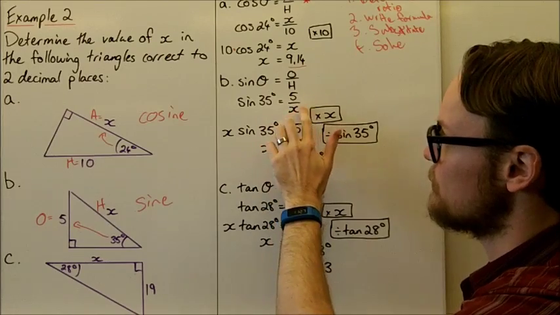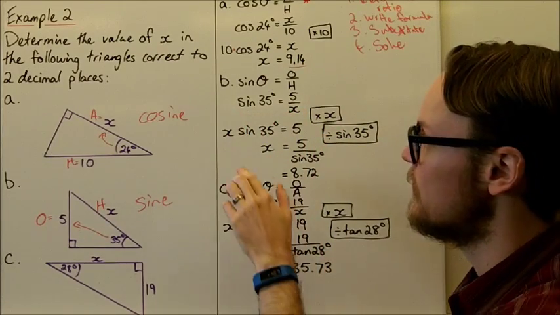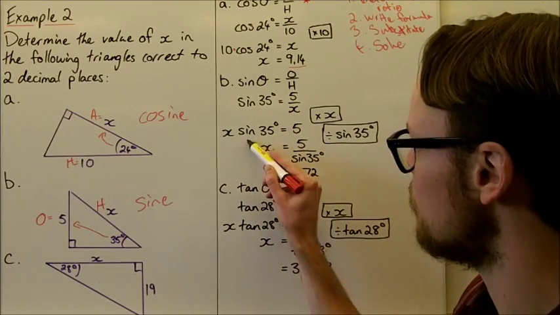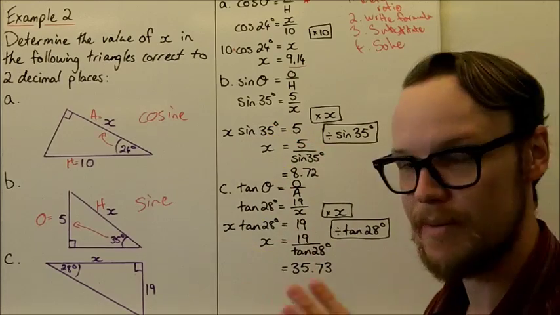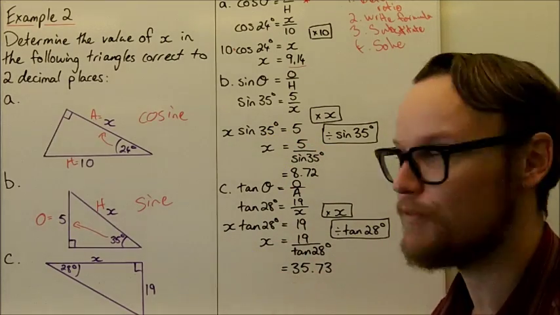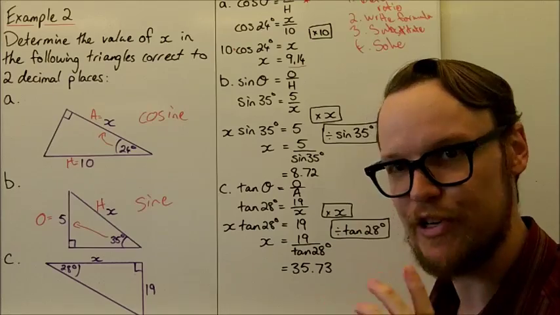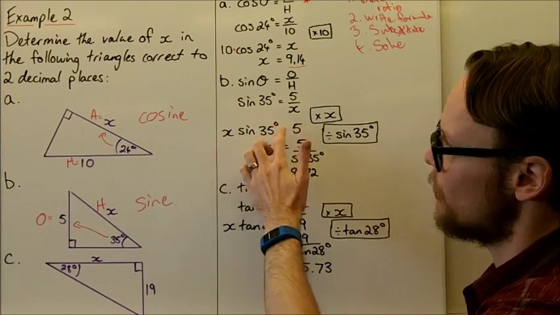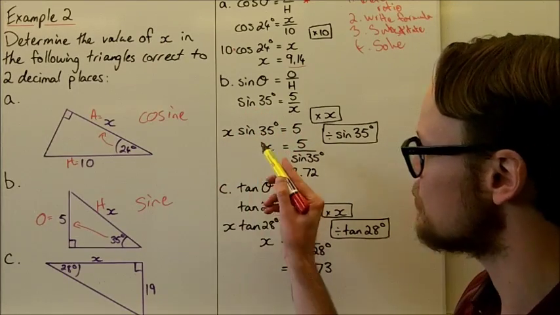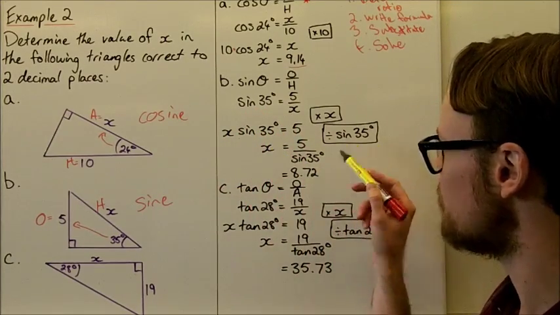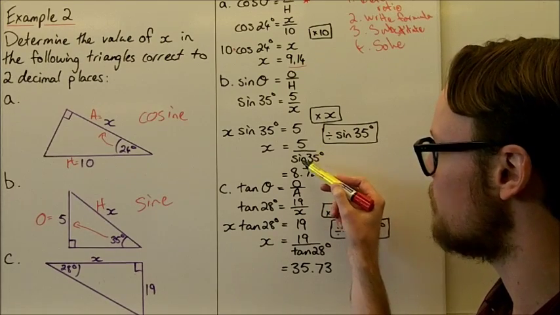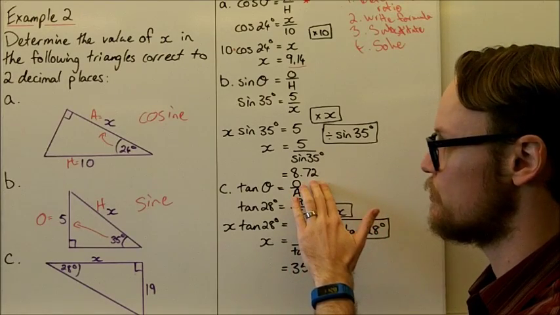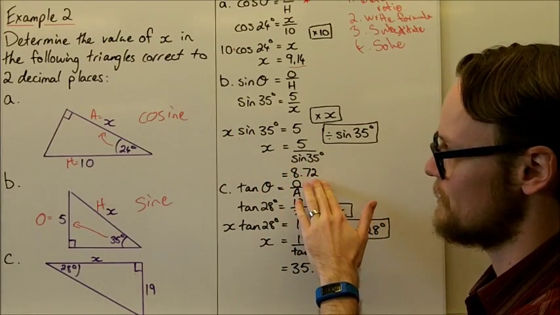Then to obtain x by itself, we divide both sides by sine 35. Remember, sine 35, cos 24, they're all just ratios, so that is just one number, and I can divide both sides by it. So 5 divided by sine 35 in my calculator gives 8.72 when rounded to 2 decimal places.